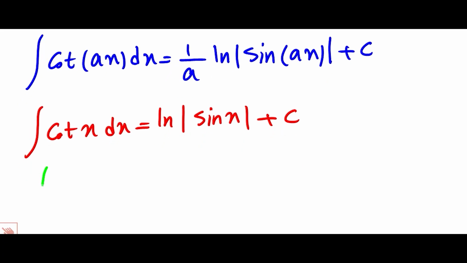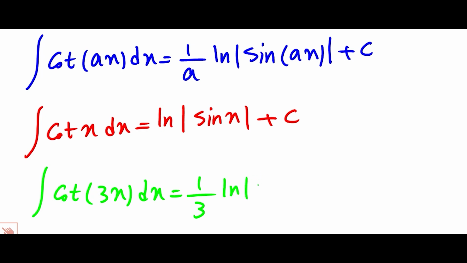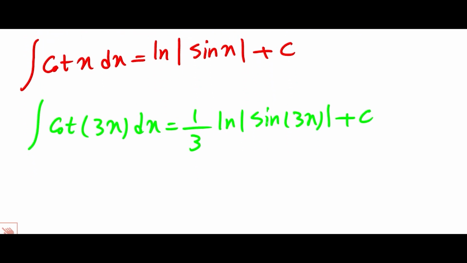For example, the integral of cotangent of 3x dx equals 1 over 3, because the coefficient is 3, ln of the absolute value of sine of 3x plus c.